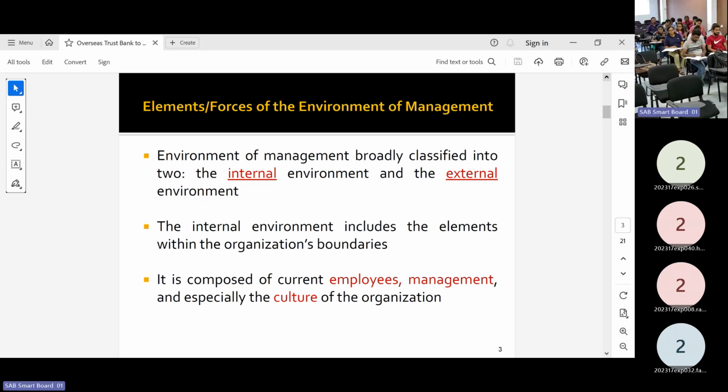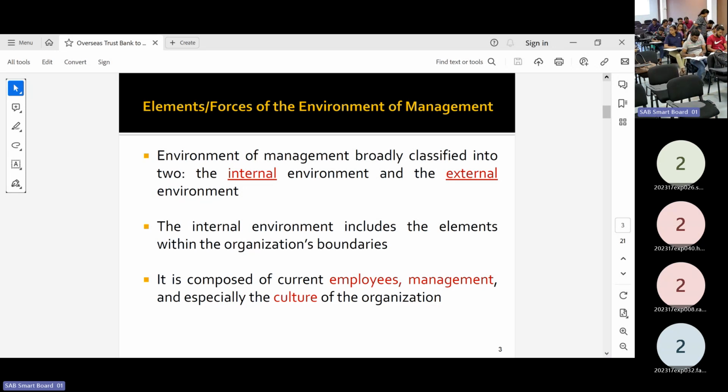It is broadly classified into two: the internal environment and the external environment. These are the two sides, or two major classifications, of the environment.